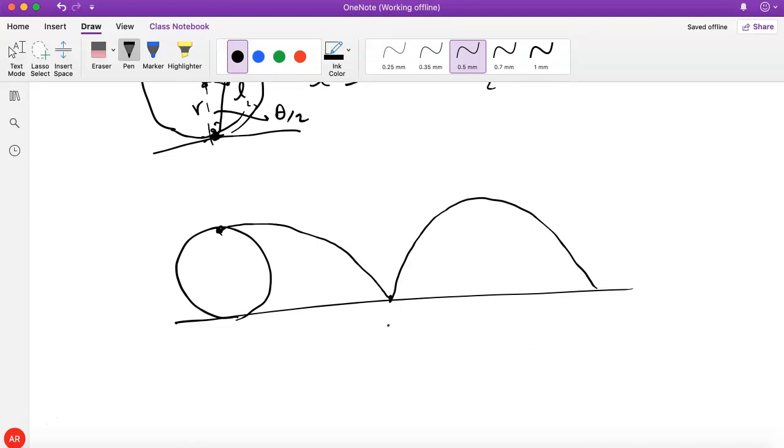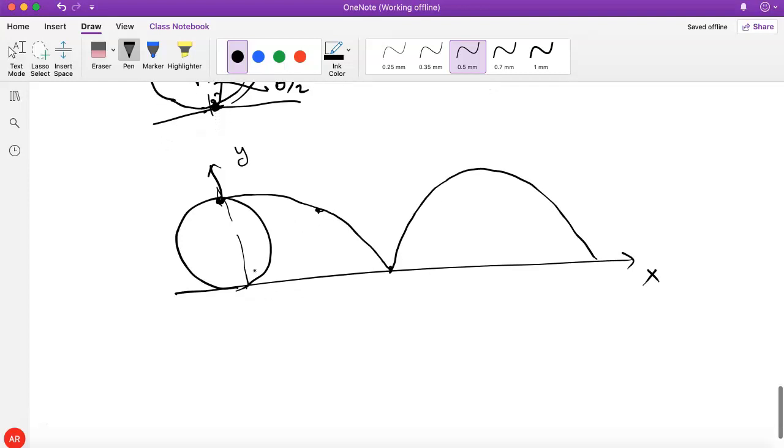You can think about that motion in various ways. One easy way, for example, is to pick some xy coordinates. Let's say here I put the x-axis, and here is the y-axis. What are the coordinates of one of these points on the trajectory of one point on the edge of the disk?